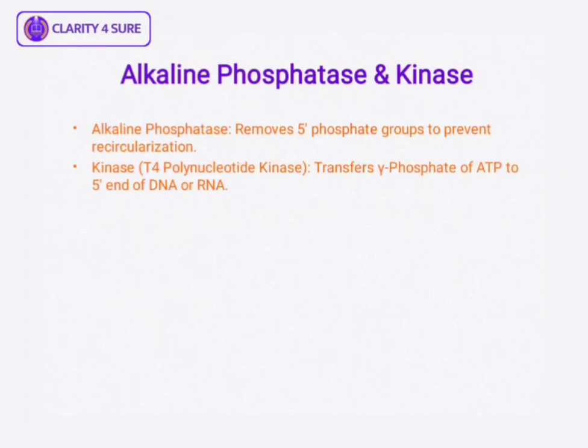T4 polynucleotide kinase transfers the gamma phosphate from ATP to the 5' end of DNA or RNA. This process labels or activates DNA ends for ligation. So this could be used in end labeling DNA fragments in genetic studies.